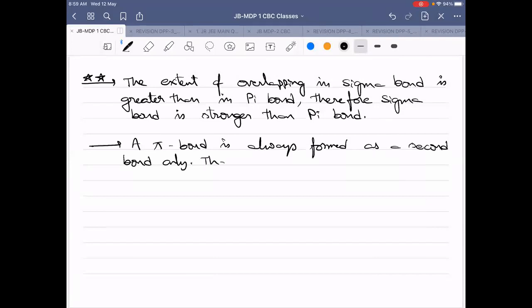That is, without sigma bond, pi bond is not formed.